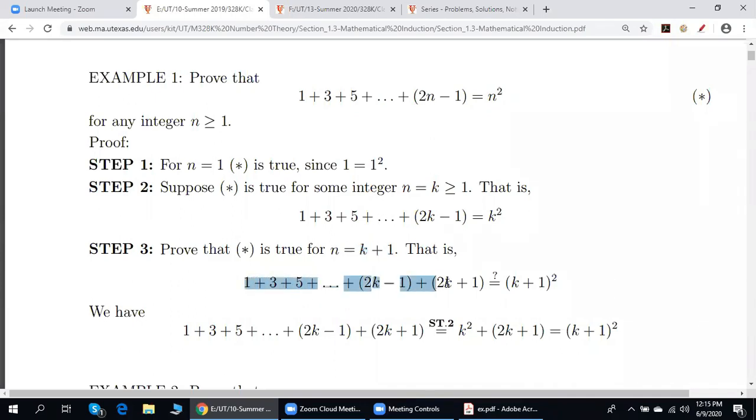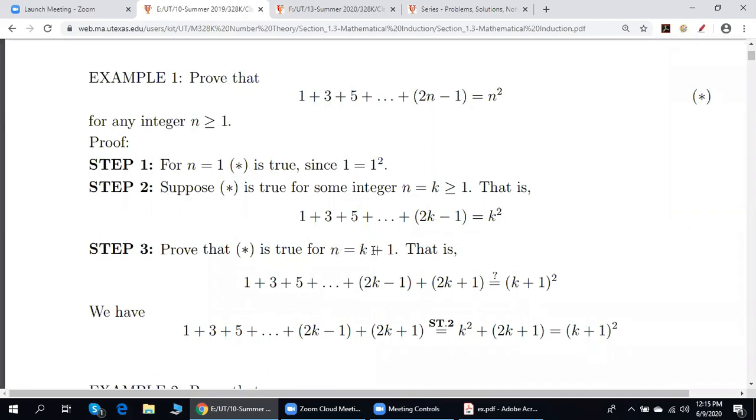But take a look at the left-hand side. If n is equal to k, over here the last term is 2k minus 1. We just replace n by k.